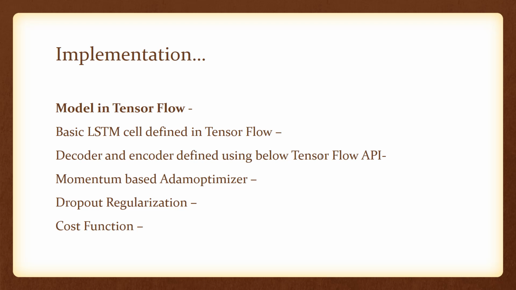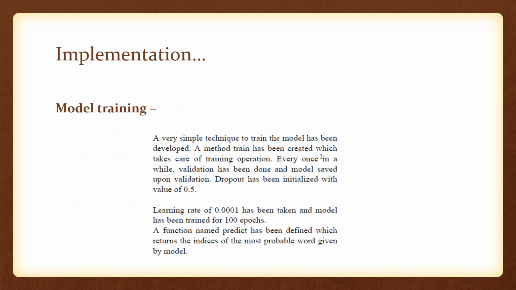Also, another property of the Adam optimizer is that it changes the learning rate on its own. For regularization, we use a technique called dropout, which has been immensely popular in many problems in the last couple of years, and a cross entropy based cost function has been implemented in this particular model.